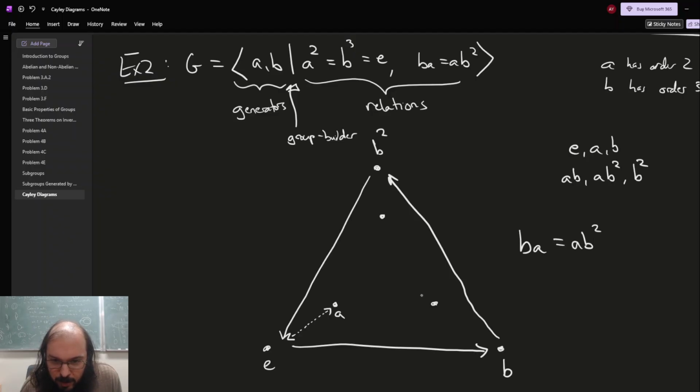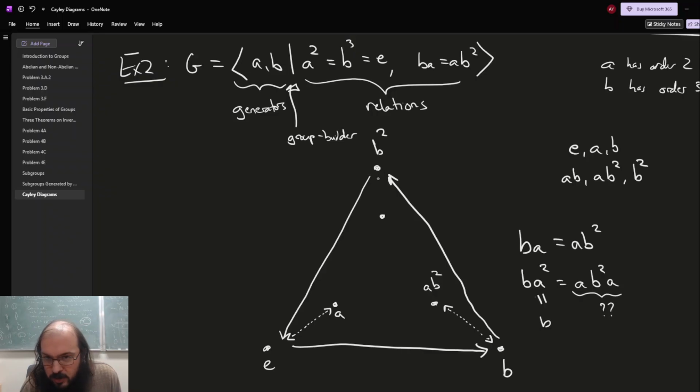So how about we make this one ab squared, and we have an arrow going this way. And now, because I have this rule, I can actually infer what happens when I multiply by a again. We might not feel like we know what it is, looks complicated. But ba squared, since a squared is equal to e, that's just b again. So you see this arrow is also a double arrow.